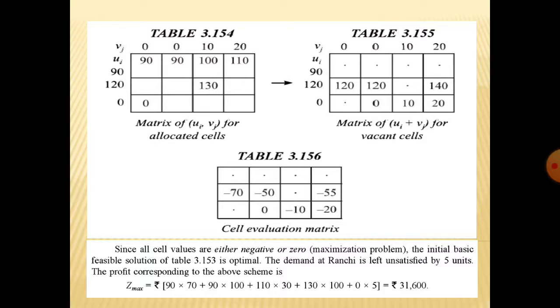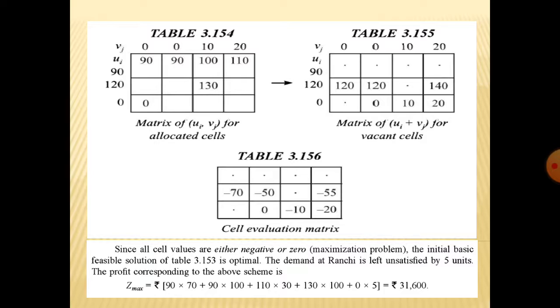Now you have to solve the problem by the UV method. Take the occupied cells and find the values of U and V, then take the unoccupied cells and find U plus V. Then prepare the cell evaluation.